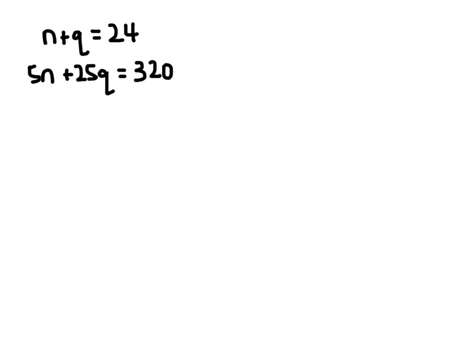So when I'm looking at both equations, I'm always looking for a variable that has a coefficient of 1 or negative 1. So when I inspect these two equations, I notice that the first equation might be the easiest one to deal with at first. And then I need to decide what variable I want to solve for. And since both n and q have a coefficient of positive 1, it really doesn't matter. I'll just solve it for n.